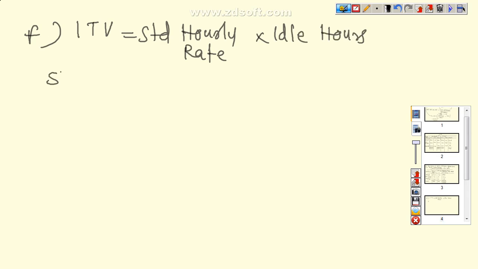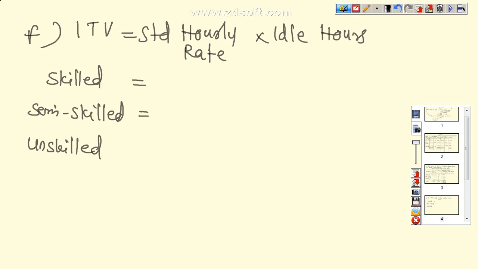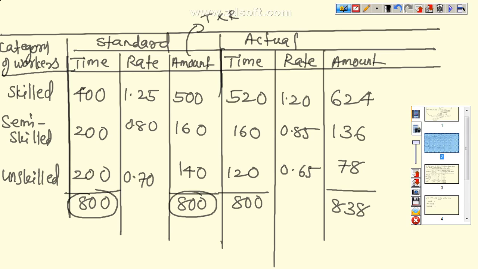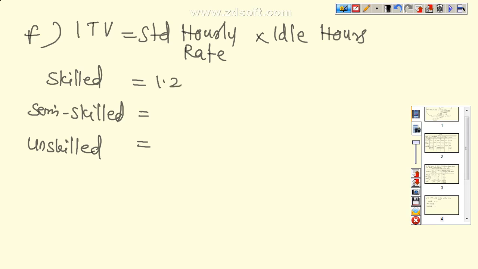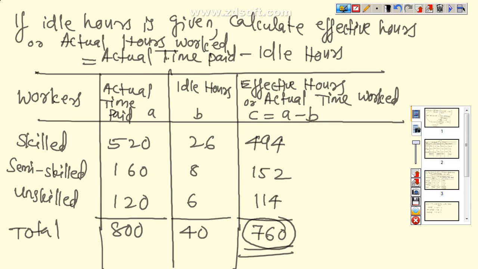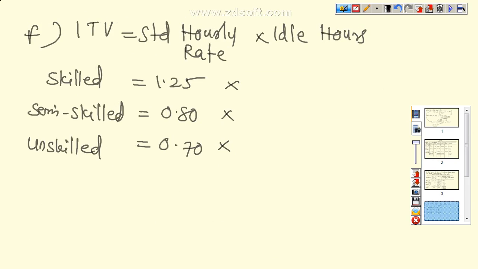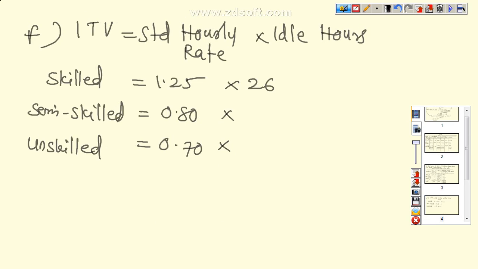There are three categories of workers: skilled, semi-skilled and unskilled. The standard hourly rates are 1.25, 0.80 and 0.70, multiplied by idle hours already calculated: 26, 8 and 6.